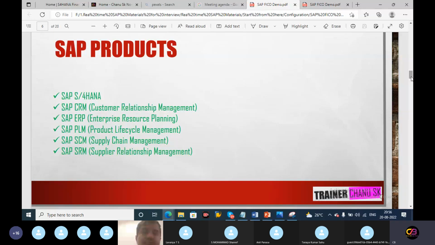SCM stands for Supply Chain Management. SRM stands for Supplier Relationship Management. These are some of the products released by SAP earlier. If you go through different websites, you can see more details regarding the products. SAP has released many products, but I have given some of the important ones here.